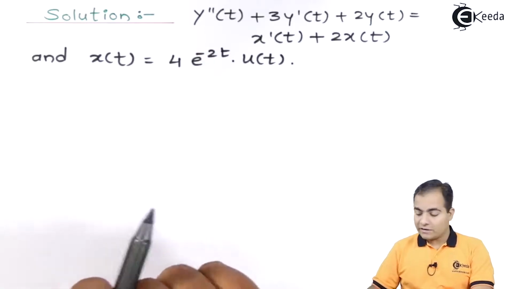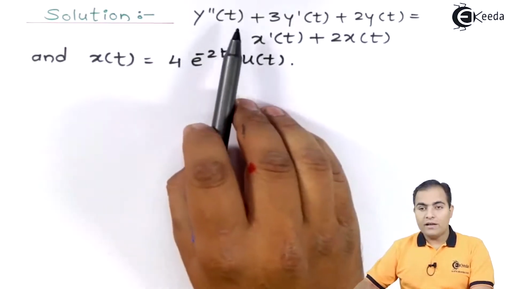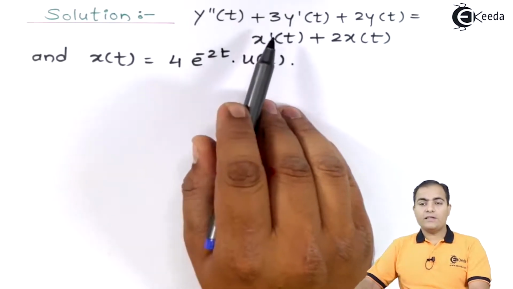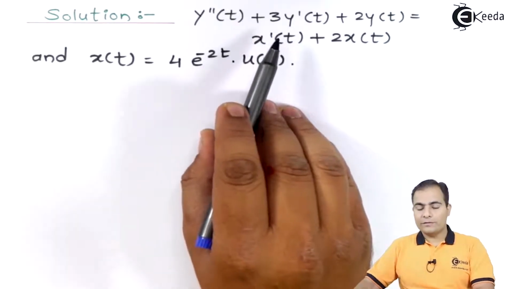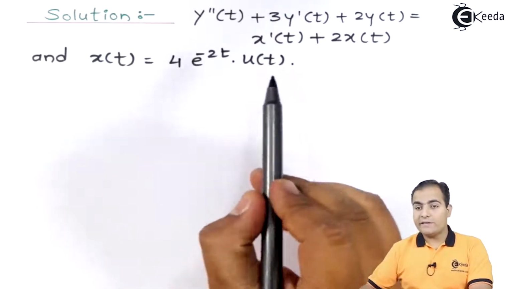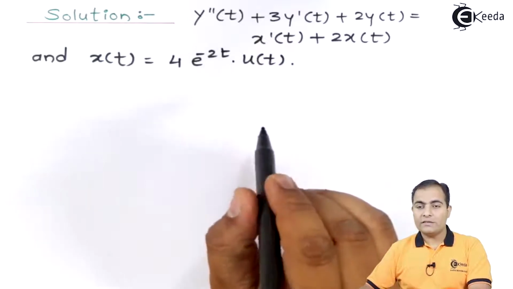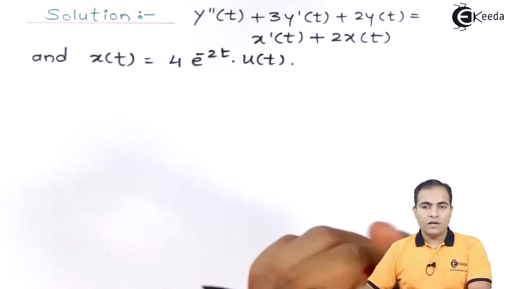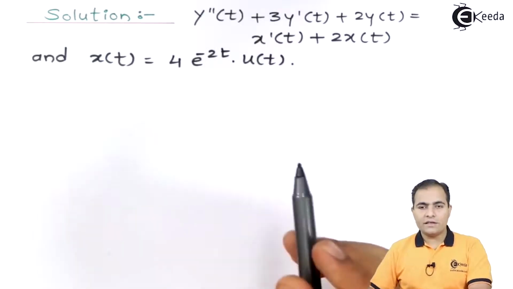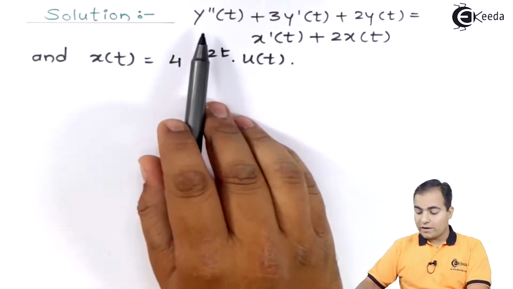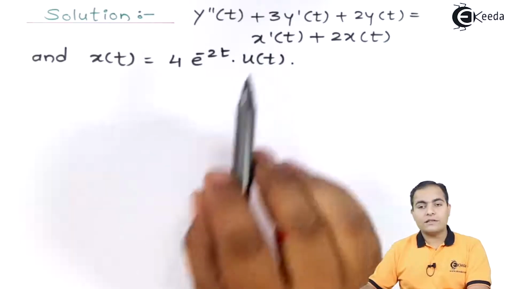Now, what is the next step? We have to apply the Laplace transform on this differential equation so that we get the output in the s domain. In the question, all the initial conditions are already given as 0. We are going to find the Laplace transform of y double dash of t, y dash of t, as well as x dash of t.